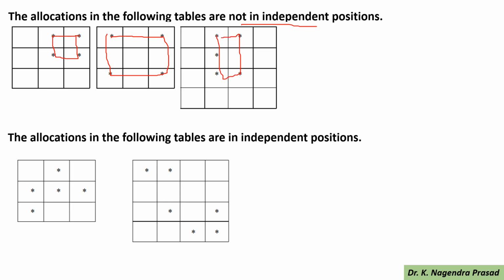So this type of path we call non-independent position. Second, in these two tables, these are the examples for independent positions. Here observe that the allocations are not forming a closed path. So here also, not forming a closed path.